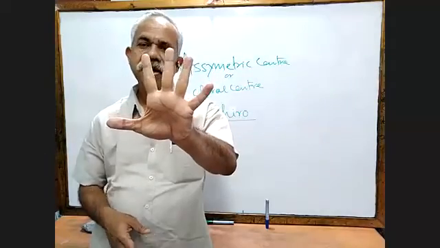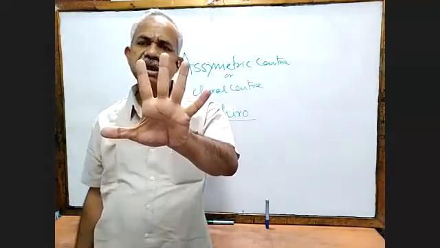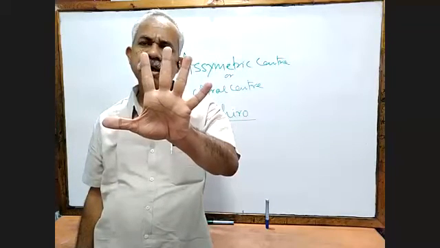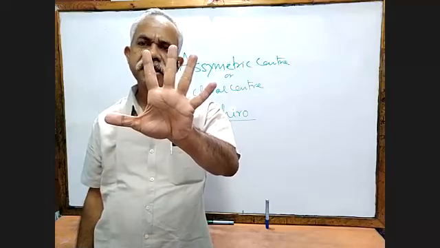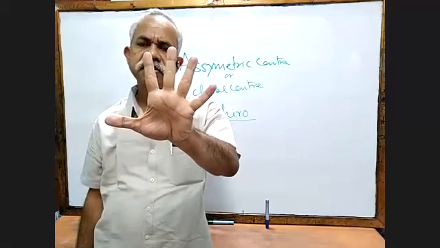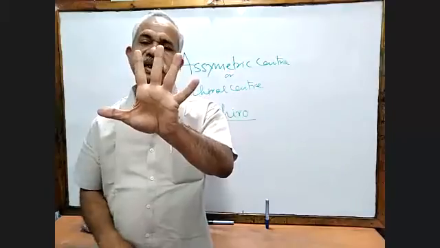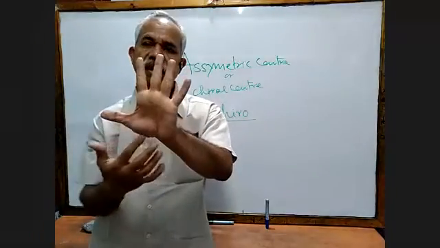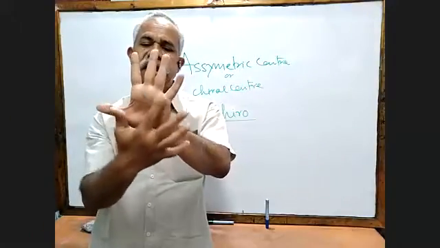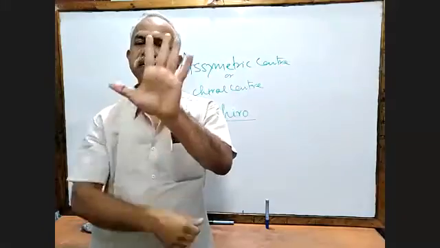Now, do all of them look alike or are they different? The five fingers, same or different? Different, sir. Very good. And where are the fingers connected? The fingers are connected to our palm. So in Latin or Greek, this portion is called chiro.